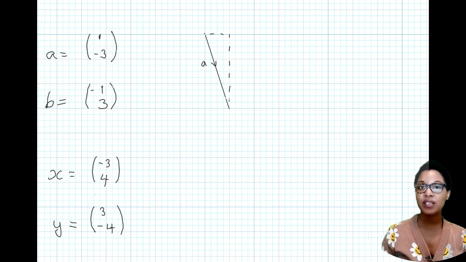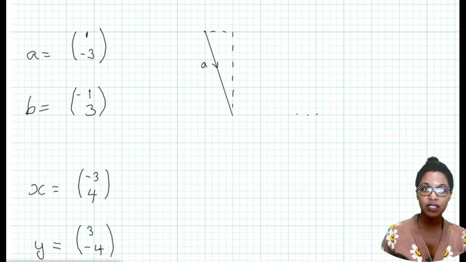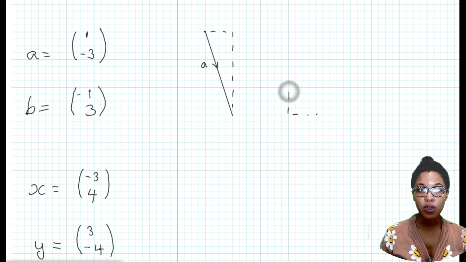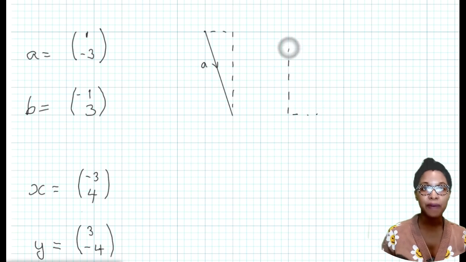Right, so let's do our next one, B. B is (-1, 3). We start at a point. In this case, it's negative 1, so we go 1 unit to the left, then 3 units upwards because it's positive.